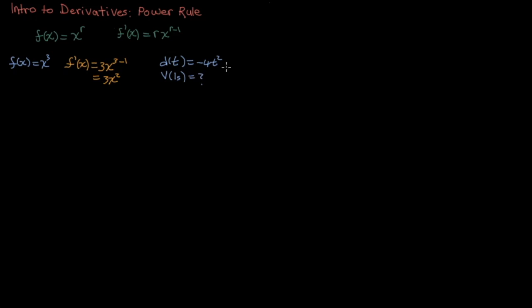Well, it turns out that v at t is equal to the derivative of d with respect to t, so d prime at t. So in order to get the equation for how fast the ball is going, we just take the derivative of the position function here. So let's go ahead and do that.